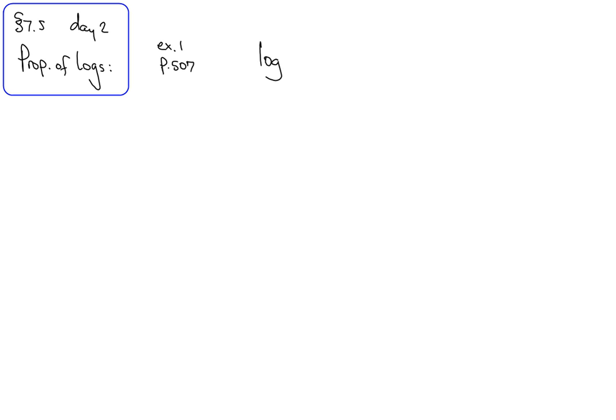So I'm going to give you something like example 1, rather than actually giving you example 1. So we're going to do log base 4 of 3 equals a. And I'm going to give you log base 4 of 5 is equal to b.